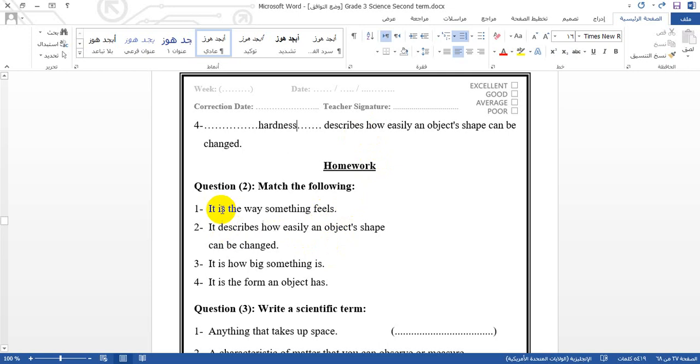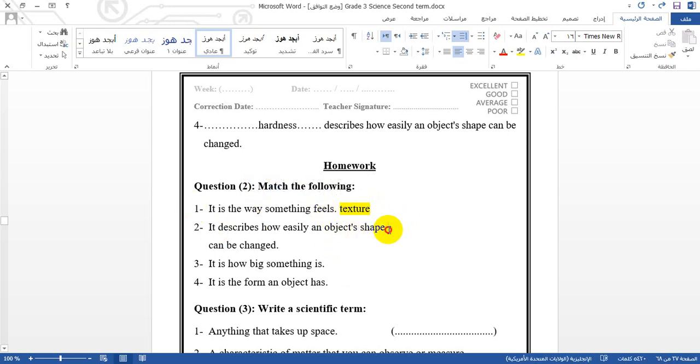Okay guys, number 1, it's the way something feels. Let's solve it as a definition. The way something feels is the texture, by the way. The texture is what you feel. So the correct answer here is texture. This one is the correct answer for number 1.